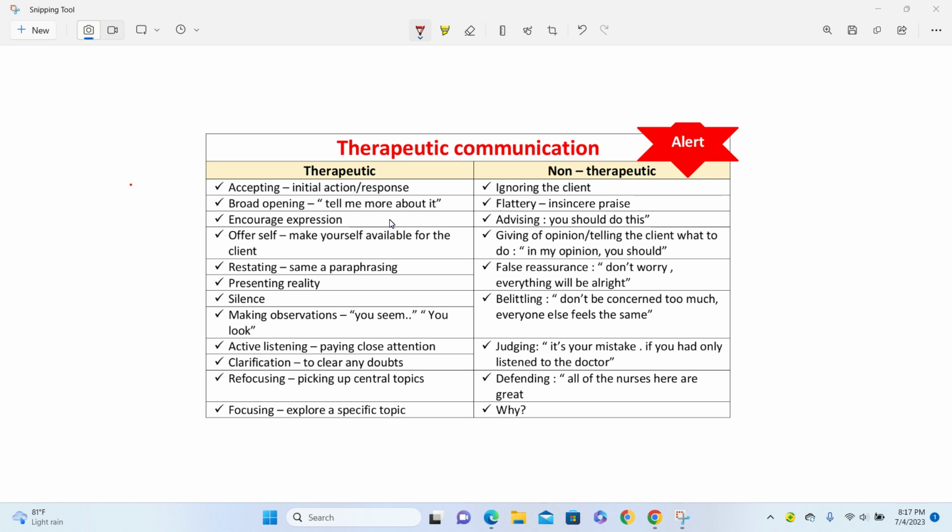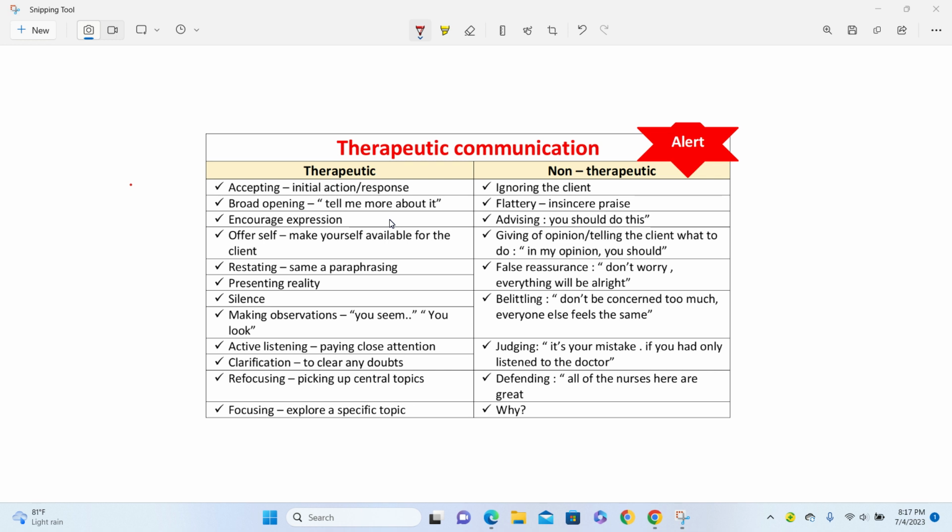Clear any doubts. Whenever the client has any questions regarding the medication, the disease, the purpose of the medication, or the purpose of doing a lab test, we should clear the client's doubts very clearly. Refocusing, picking up the central topics.